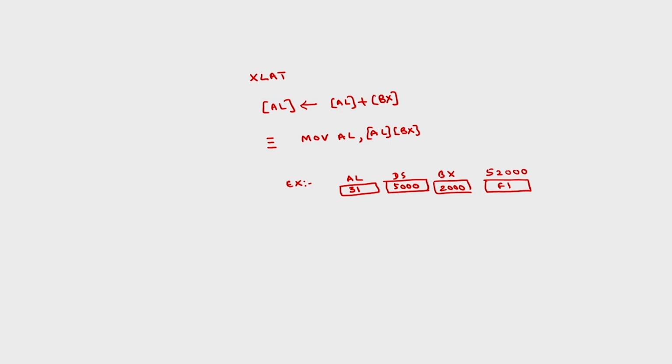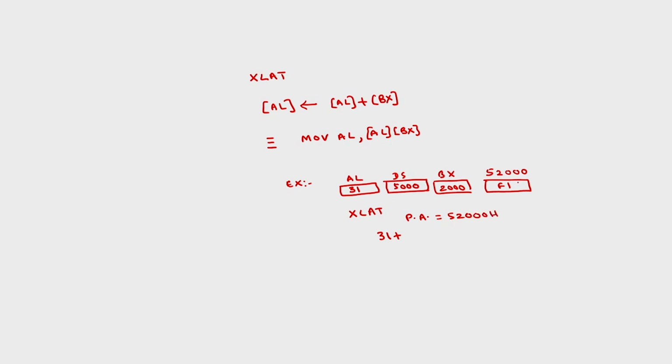After the execution of XLAT, the contents of AL become the contents of AL 31 plus the contents of the memory location pointed by BX, whose physical address will be 52000H.